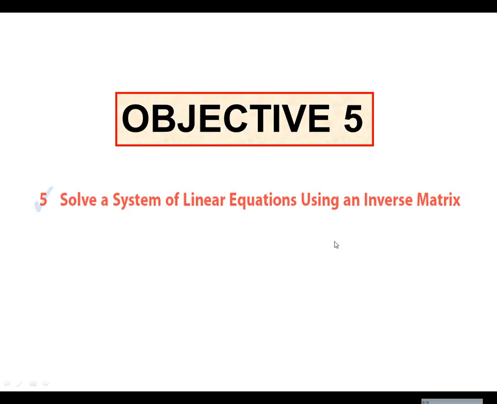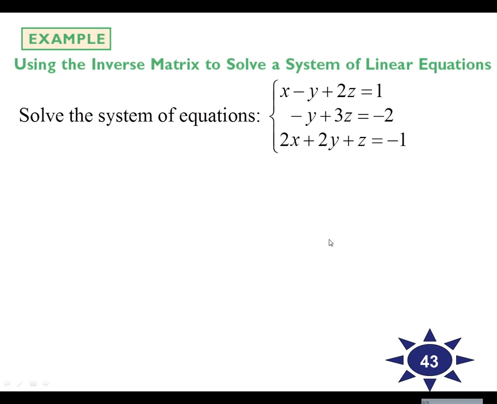Okay, last objective here. We're going to learn how to solve a system of linear equations using an inverse matrix. This is going to be fabulous, especially for 3-variable systems of equations like this. No more having to do it by hand. Here's what we're going to do. We're going to take all the coefficients and throw them into one matrix. So we've got 1, -1, 2.